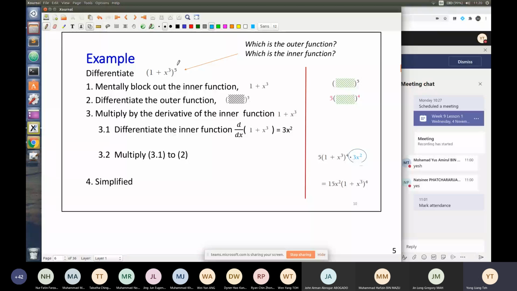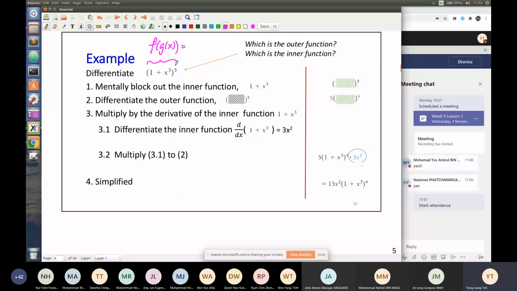Now it says here, mentally block out the inner function 1 + x cubed. Because this guy is actually written as f of g of x, whereby f of x is x to the power of 5.